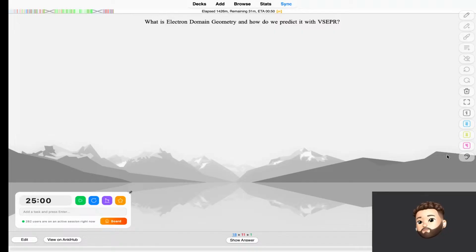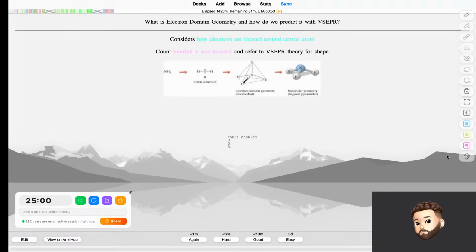What is electron domain geometry and how do we predict it with VSEPR? How electrons are located around the central atom.